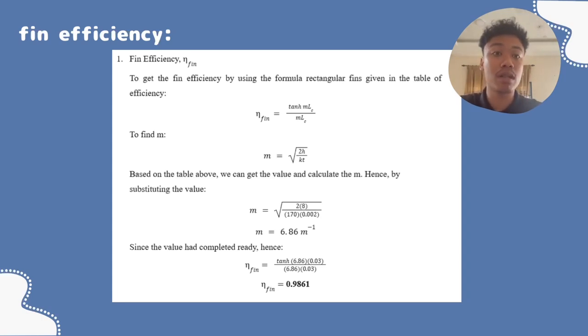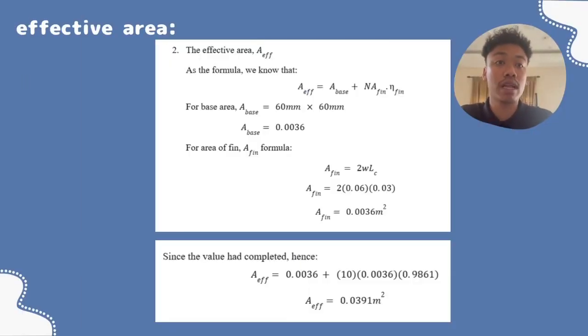Based on the table, we substitute into the formula and get m equal to 6.86. Since we have complete data, we can calculate the fin efficiency. By substituting all the values, we get a fin efficiency of 0.9861.